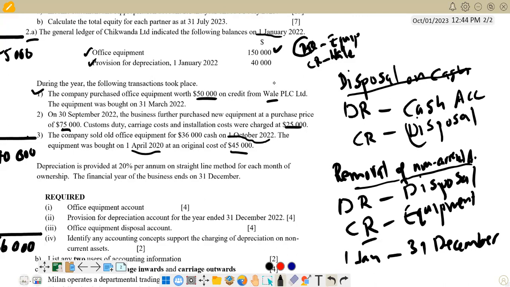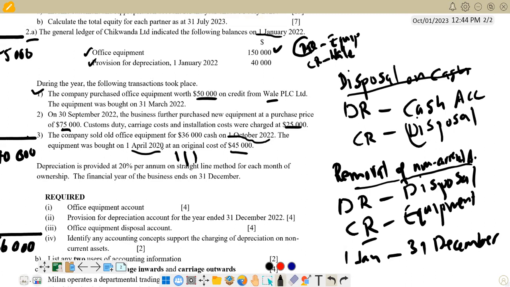So we now go to the explanation. It was bought in 2020, so it stayed in 2020. 2020 was the first year, then 2021 the second year, and 2022 the third year. It was sold in 2022.